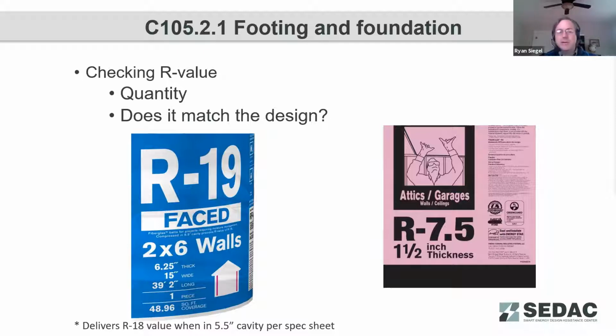Here on the left, we're showing a batt product that's labeled an R19, but we notice here in the picture it says that it's a 6¼ inch thick batt. Most 2x6 walls are going to be 5½ inches thick. And so looking a little closer, when you compress that 6¼ inch batt into the 5½ inch cavity, that reduces that effective R value. It goes down from an R19 to an R18.